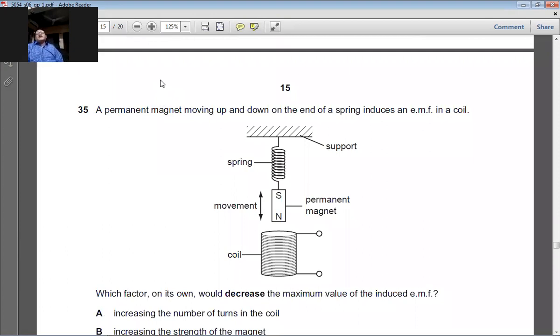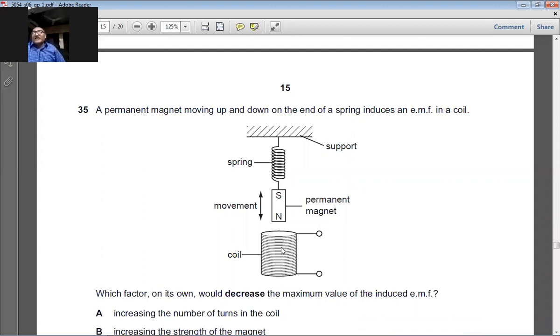A permanent magnet moving up and down on the end of a spring induces an EMF in a coil. So you see here we have a coil, here we have a magnet attached with the spring. When you stretch it a little and then release it, what will happen? This magnet will move up and down, because it was connected with a spring.